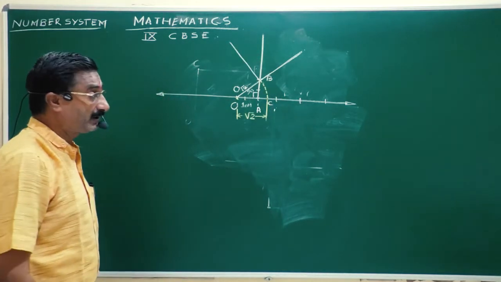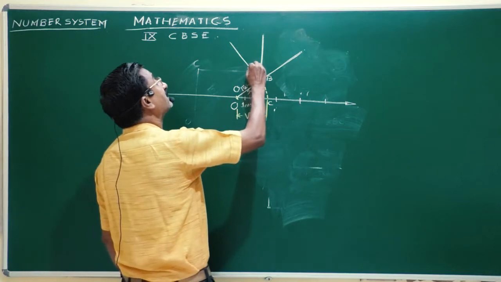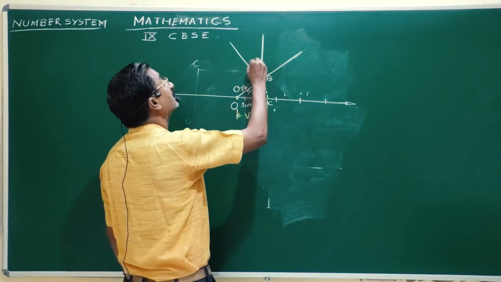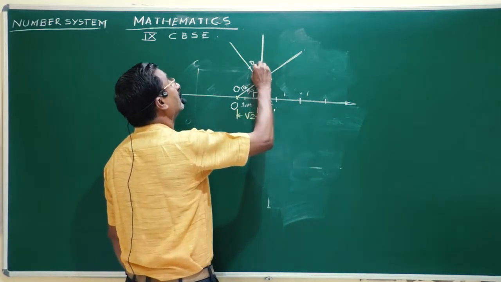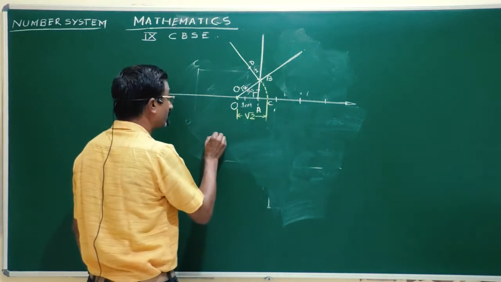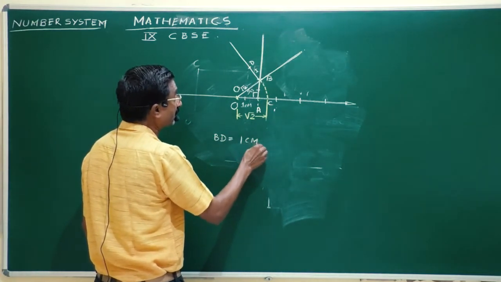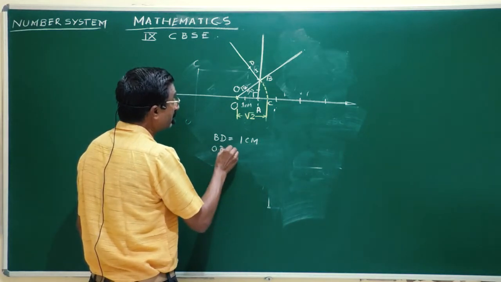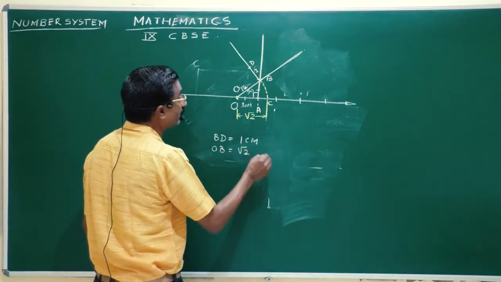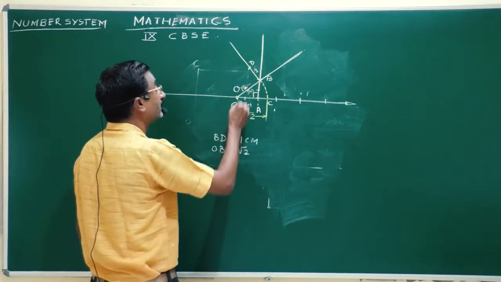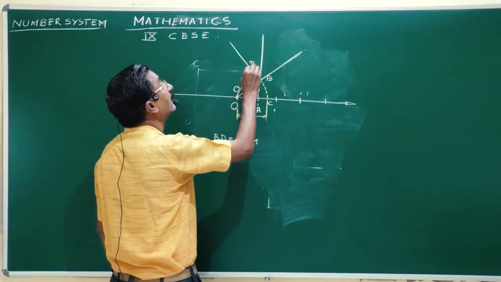Draw a perpendicular on it. Measure 1 centimeter, say point D. BD is equal to 1 centimeter, OB is equal to under root 2. Join OD.